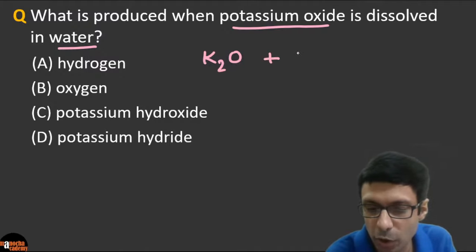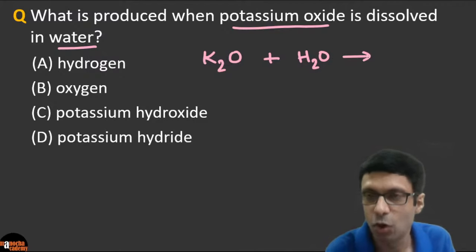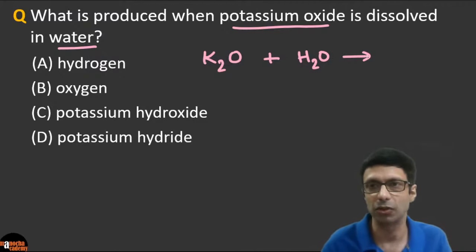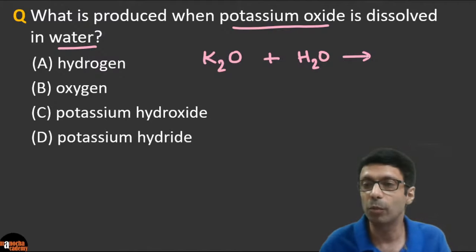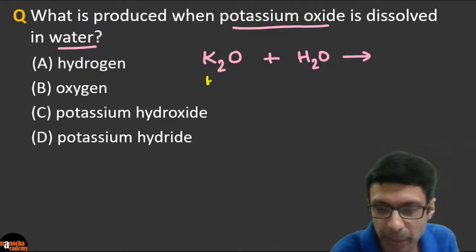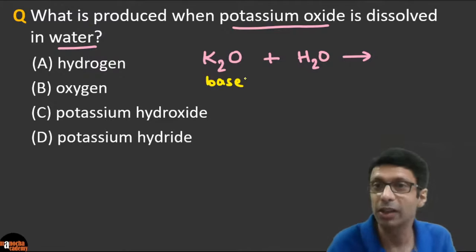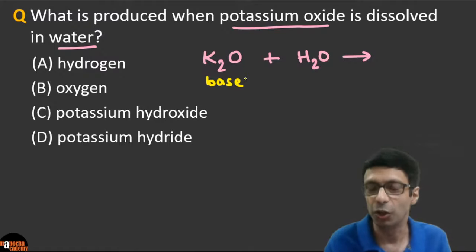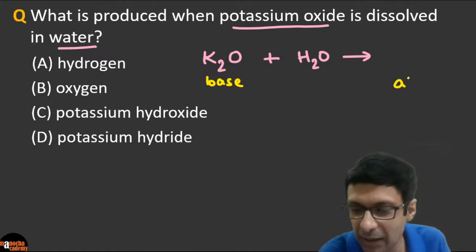And when potassium oxide is dissolved in water, how do we predict this reaction? We know that potassium oxide is soluble in water. Potassium oxide is a base. And when you dissolve it, if it's soluble in water, you know that it forms an alkali.